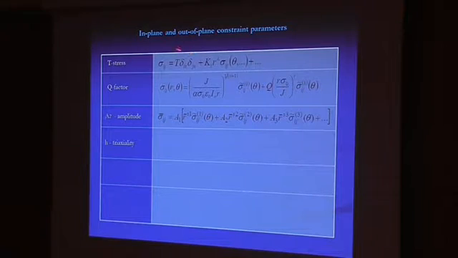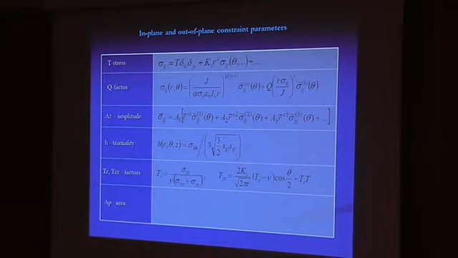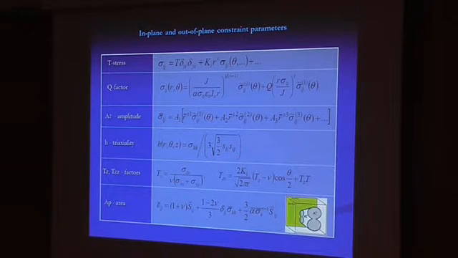These first three parameters are in-plane constraint factors. Next is stress triaxiality, TZ and TZZ parameters. Next is the AP area factor, and these three parameters are out-of-plane constraint factors.